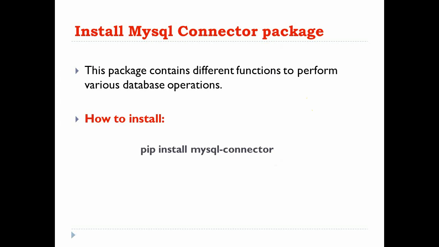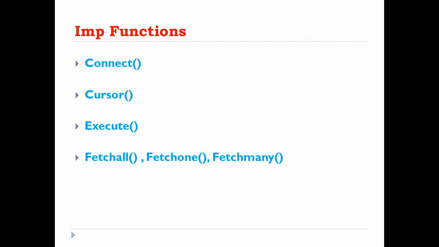After that you have to get into the program. Here these four functions are very important for running SQL commands in Python. The very first function is connect. By using this function you can establish the connection between the Python program and the SQL server.